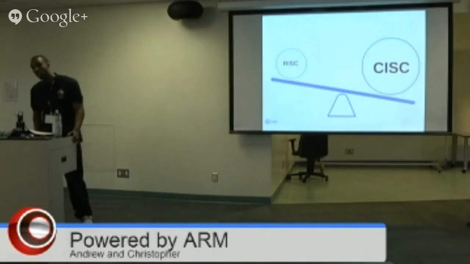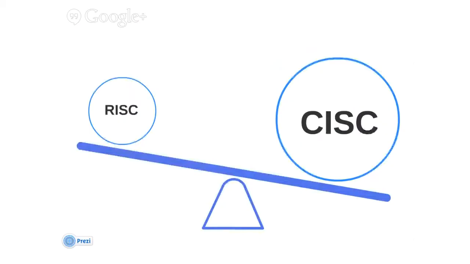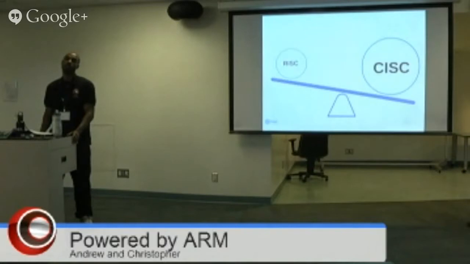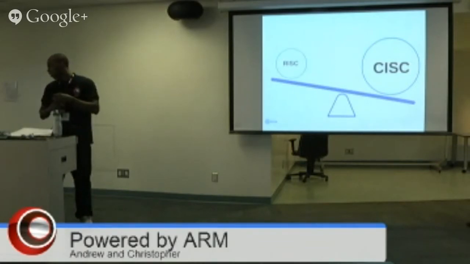There are two basic approaches when it comes to creating a processor: the RISC approach and the CISC approach. ARM uses the RISC approach, which, like I said, focuses on speed and doing things fast and efficiently, whereas CISC stands for Complex Instruction Set Computing.